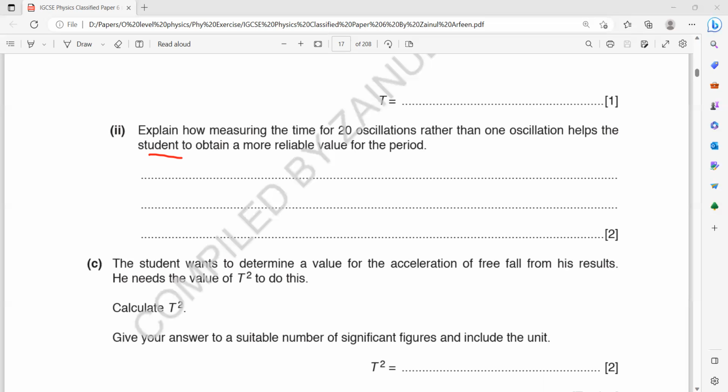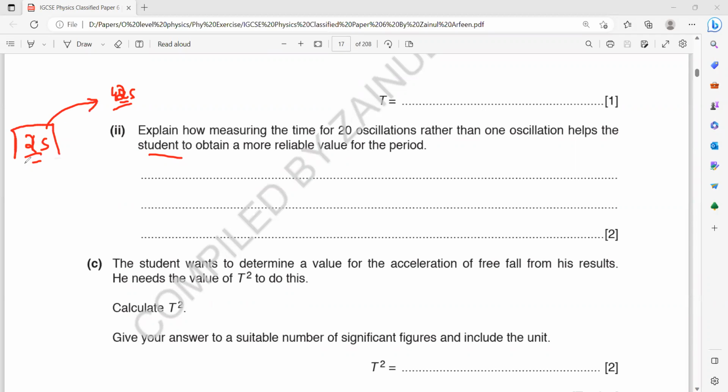Now the same error is spread over 20 swings, so it reduces the percentage uncertainty. Instead of recording the time for one oscillation, say 2 seconds, you record the time for 20 oscillations, maybe 41 or 42.